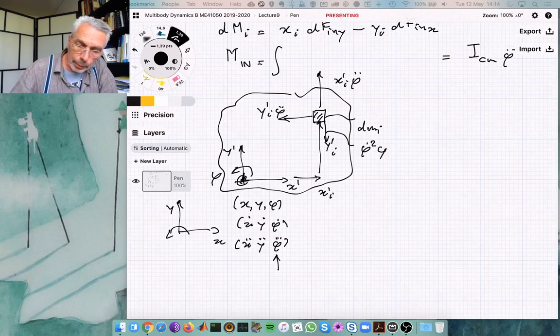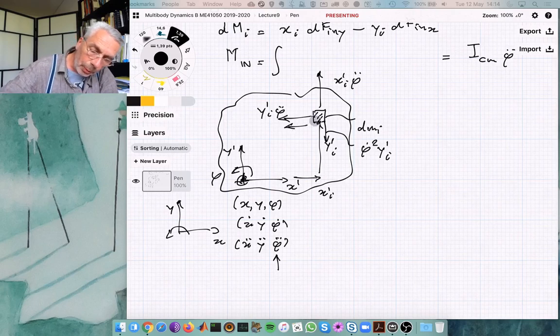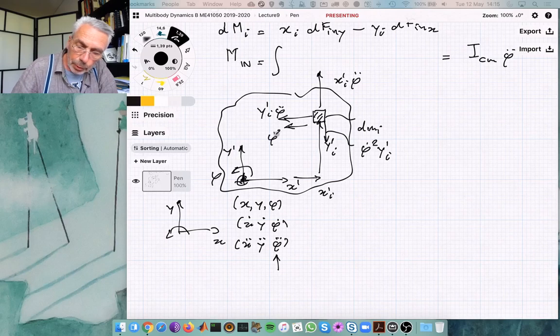Phi dot squared times y' i, this distance, and in this direction, because the centrifugal acceleration is always directed towards the center, that's phi dot squared times the distance x' i.